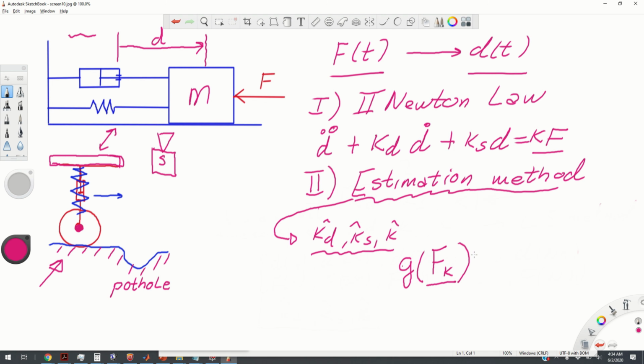So let us explain this notation over here. Fk is a notation for f of kh. That is, it's a discrete time sample of your force. So this estimation method is trying to find the relation between the force at time instant k and the displacement at the next time instant k plus 1.